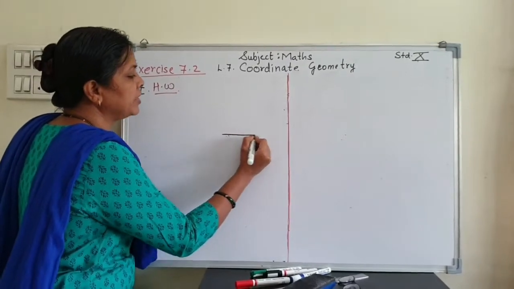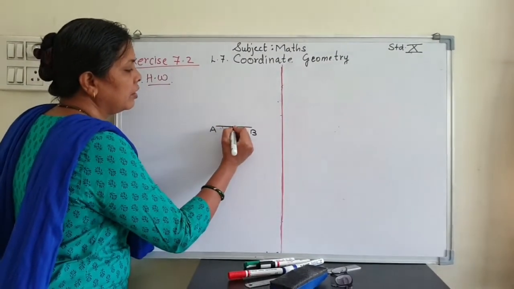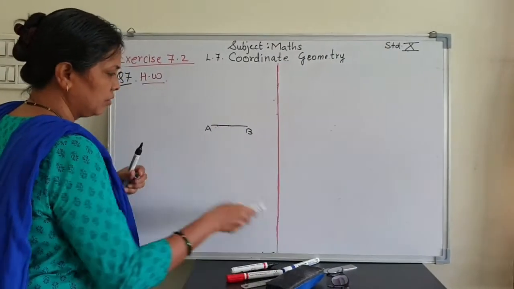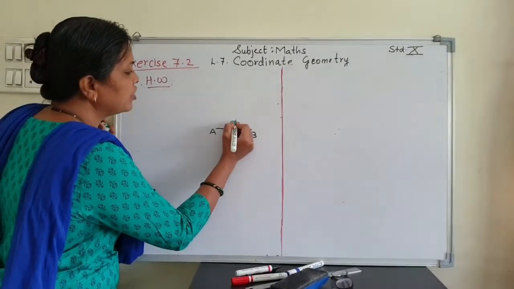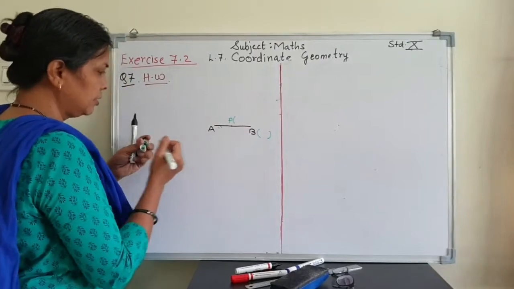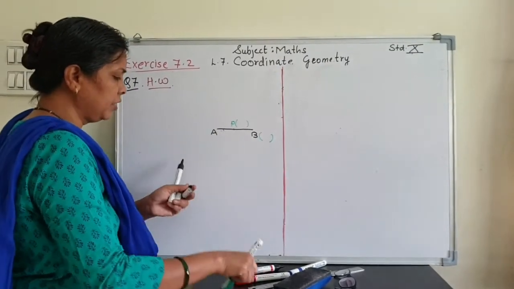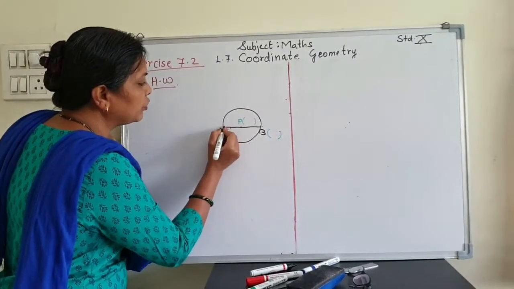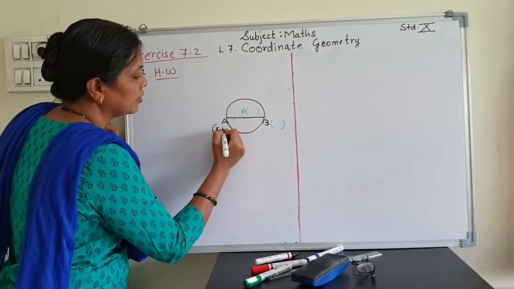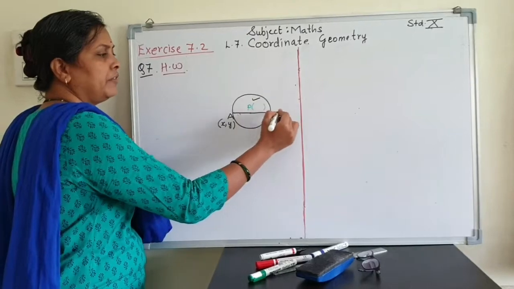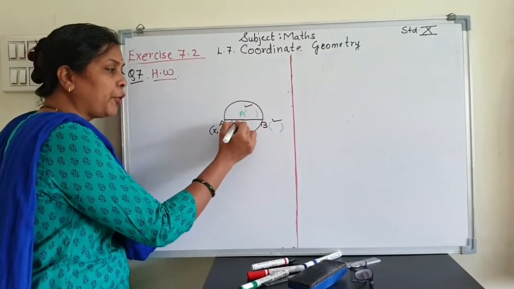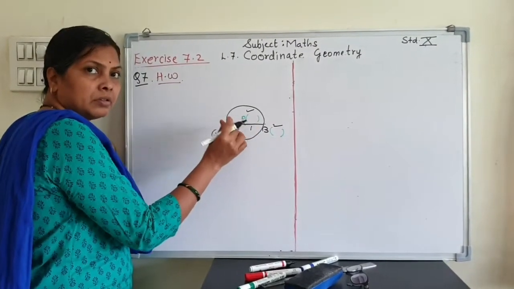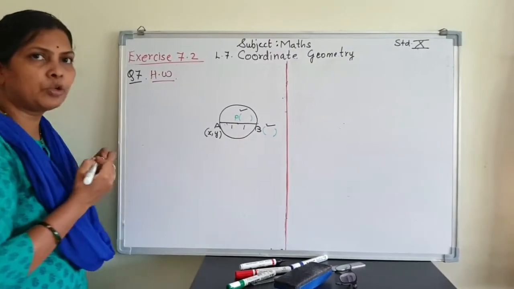They have given us that AB is a diameter of a circle with center P. The coordinates of P and B are given, and you have to find the coordinates of A. Since P is the center, it equally divides the diameter, so you can find it by the midpoint formula and compare.